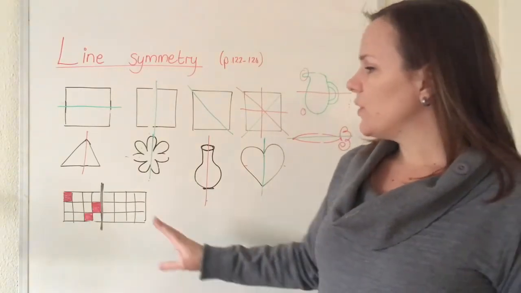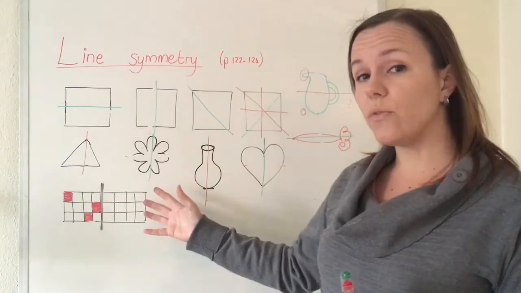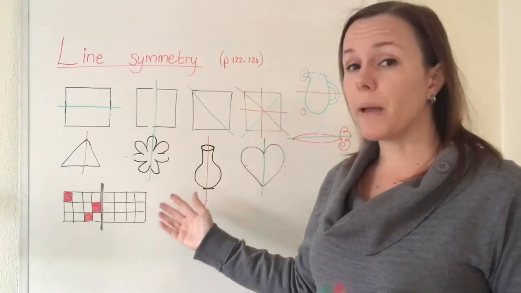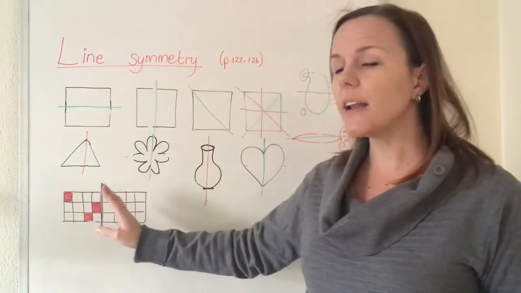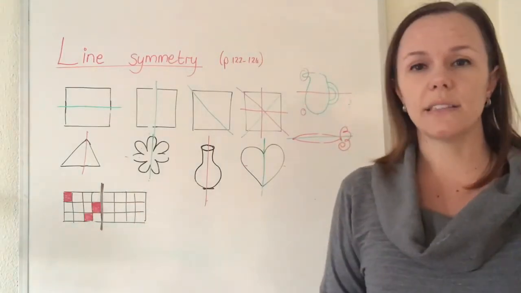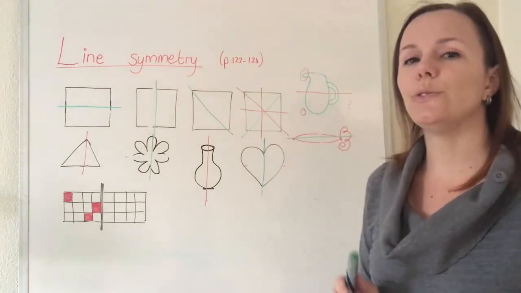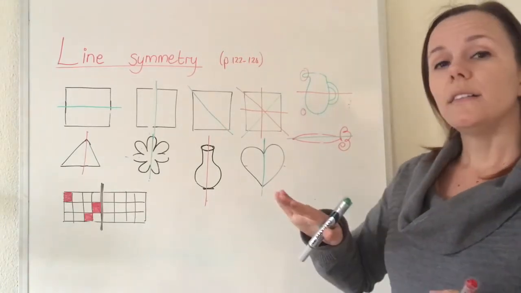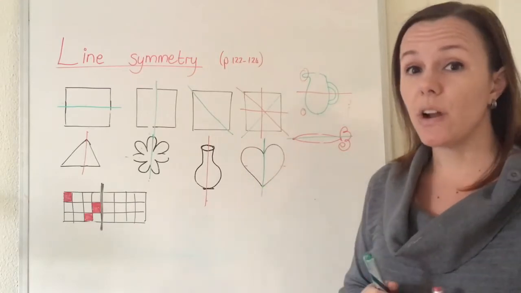Now I tell you that I want the other half of this symmetrical pattern. So I've given you the pattern on the one side and you have to draw the other side. But the important thing to remember is I'm asking you to draw the symmetrical view, and that means the mirror image.